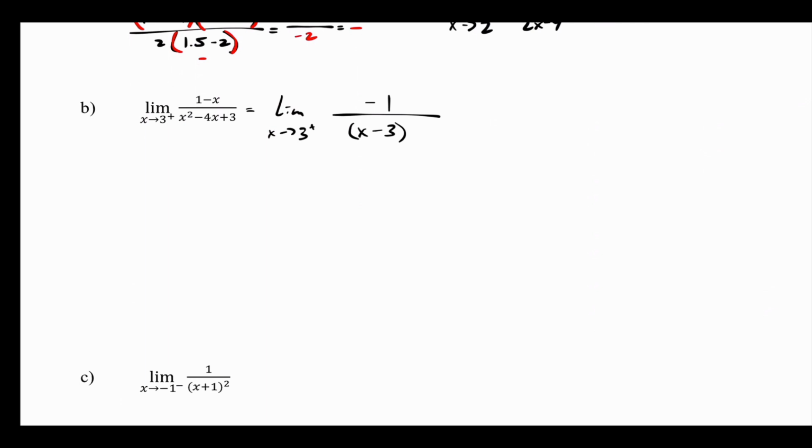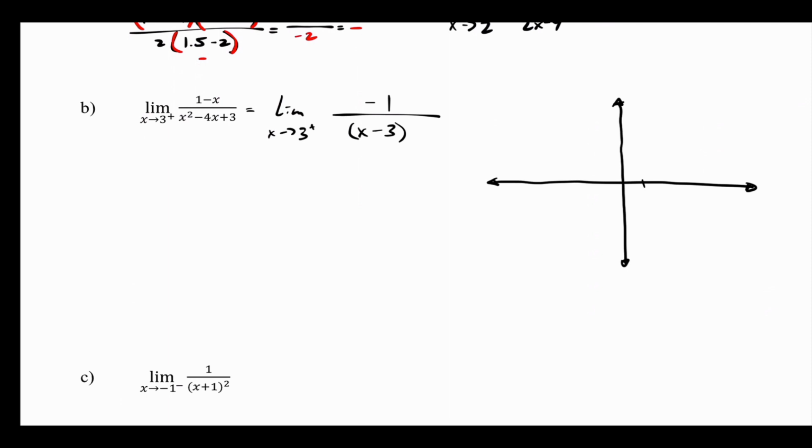I know that there's a vertical asymptote at x equals 3. We already know that. So they want to know what the limit is as I'm approaching it from the right. Let me draw a little picture. Sometimes it helps to draw a little picture because visually it's easier to see. Some people can picture it in their head.